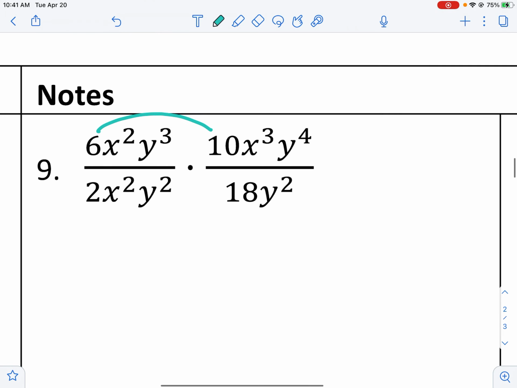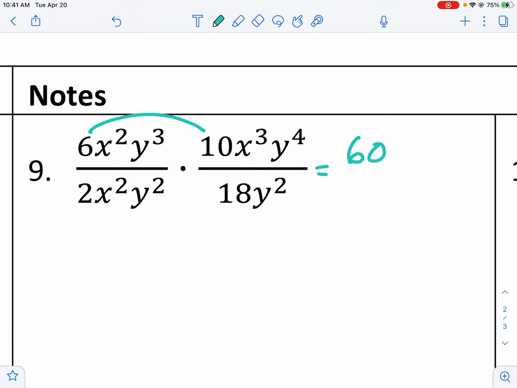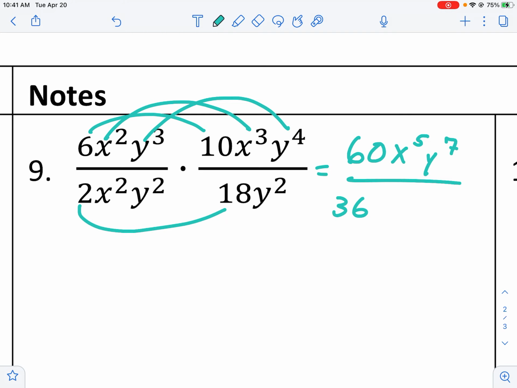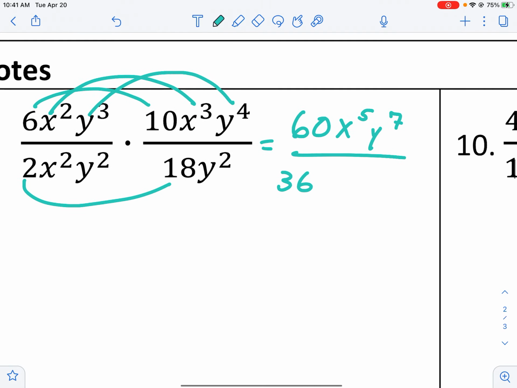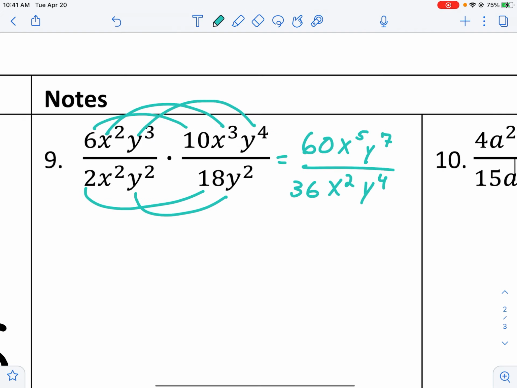So like if we did this, 6 times 10 gives us 60. And then x squared times x cubed gives us x to the 5th power. Y cubed and y to the 4th makes y to the 7th power. And then 2 and 18 make 36. X squared is not multiplied by anything, so it stays x squared. And then y squared and y squared make y to the 4th power. 60 and 36, 6 comes out of both of those.